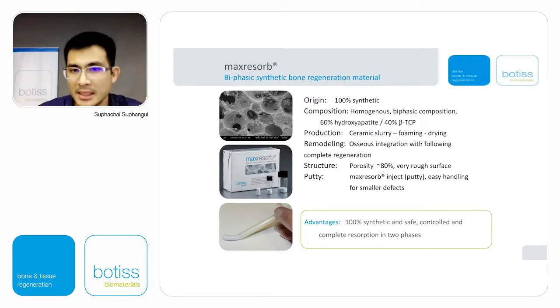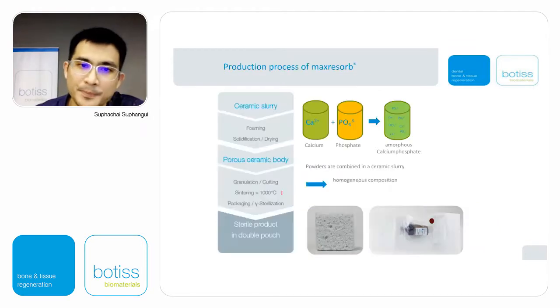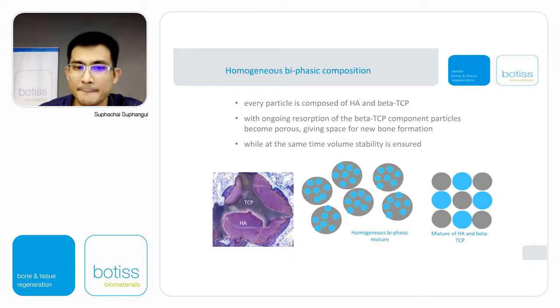See, the remodeling is osseointegration first and then followed by complete regeneration. This is the process. They have a chemical slurry and mix it together. When you take a closer look under the microscope, you can see the TCP mixed in with the HA together.